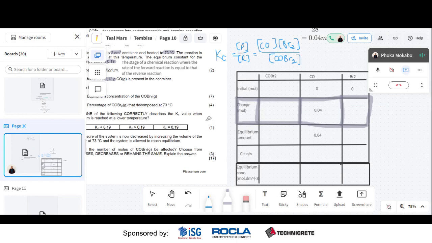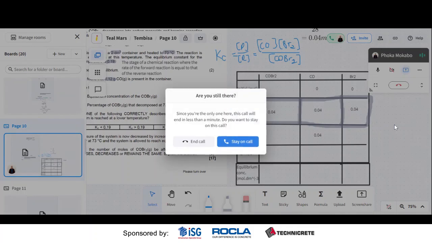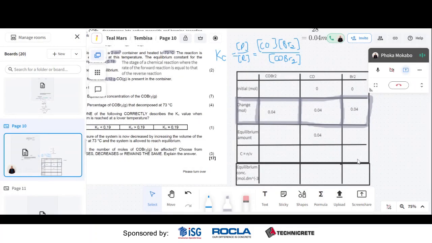So according to the formula over here, 1 is to 1 is to 1. So if you have 0,04 as your change in CO, well, guess what? 0,04 will be a change for Br2, and 0,04 will be a change for COBr2, sorry about that.